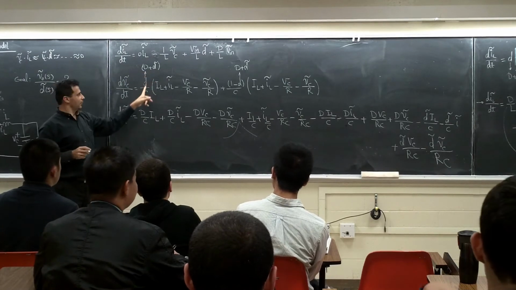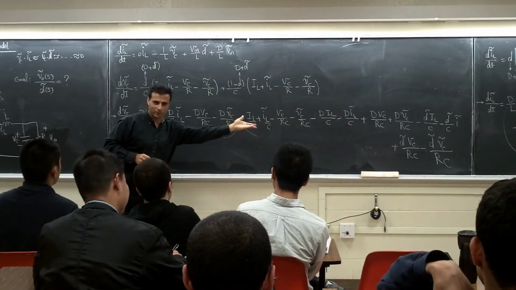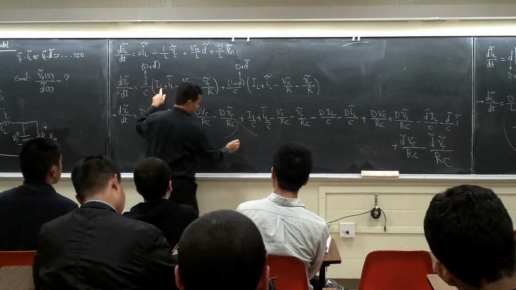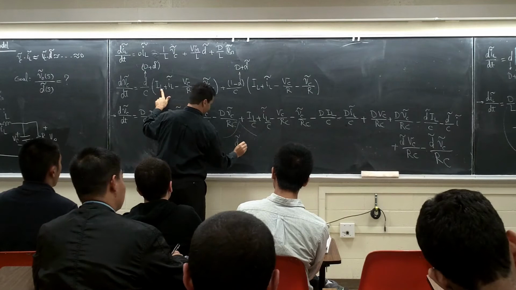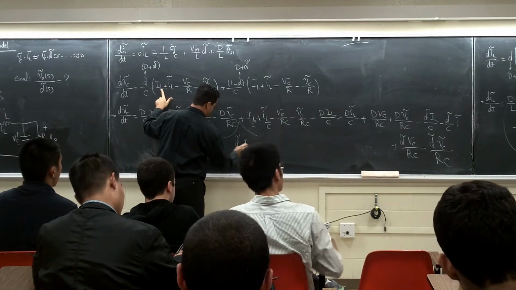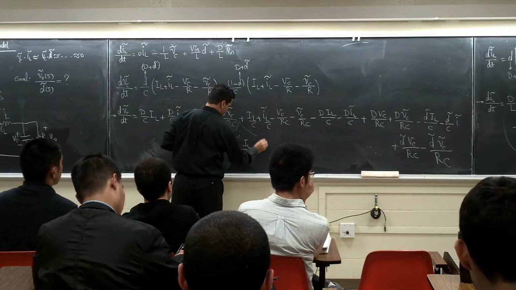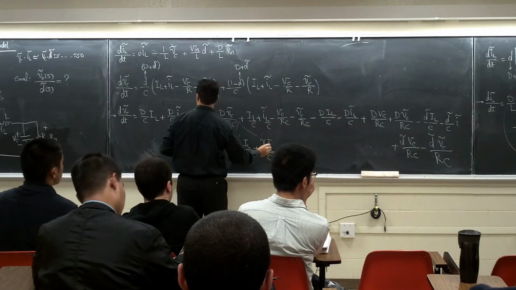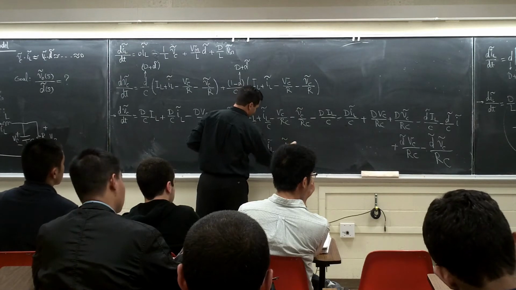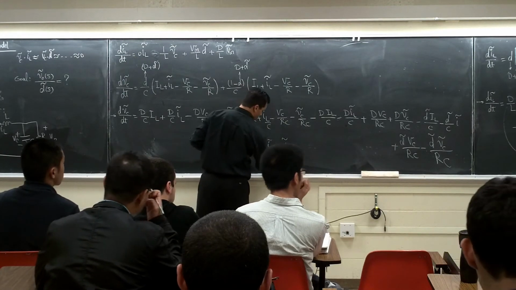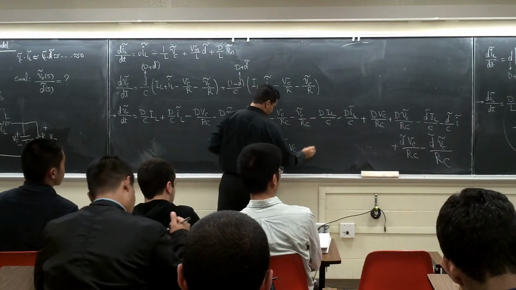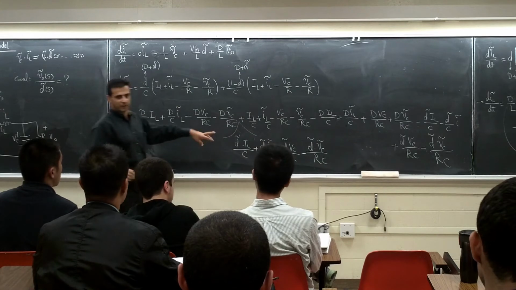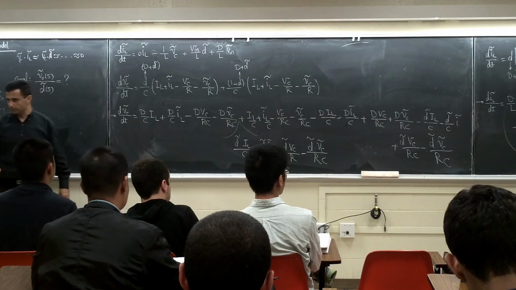So d tilde over c times il, right? I missed this one. d tilde il over c plus d tilde il tilde over c minus d tilde vc over rc minus d tilde vc tilde over rc, right? So I missed this term when I timed it.